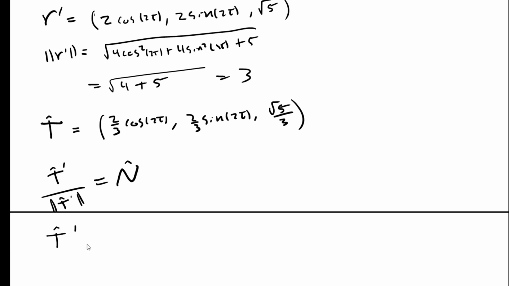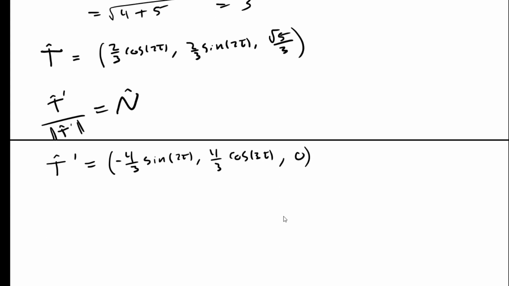So T prime, derivative of cosine is negative sine, so that's going to be minus 4 over 3 sine. Derivative of sine is cosine, so it's going to be 4 over 3 cosine of 2t. That's 0. Okay, and the norm of this is, well, it's just going to be the square root of this squared plus this squared.